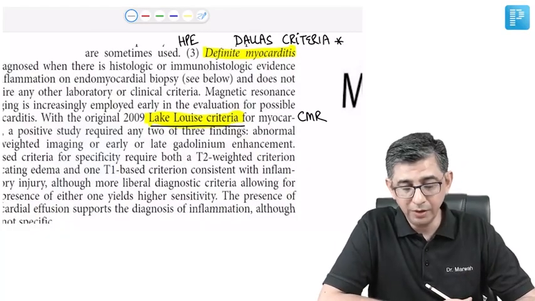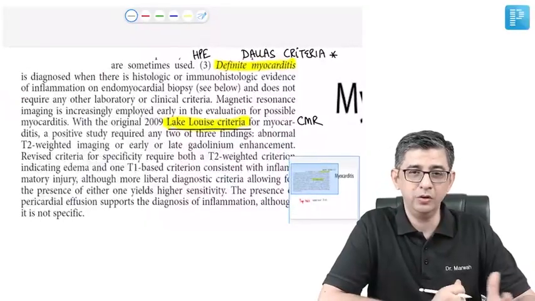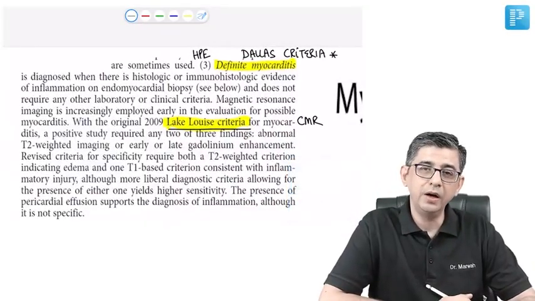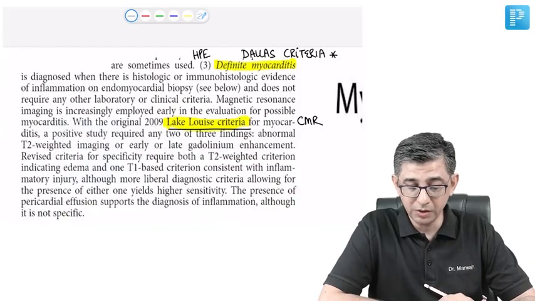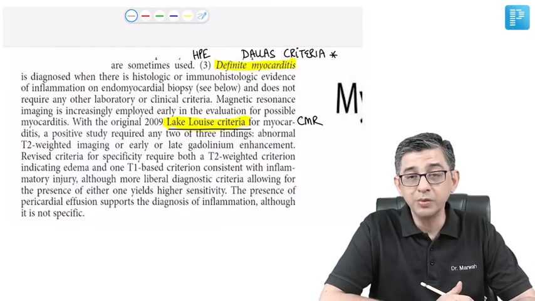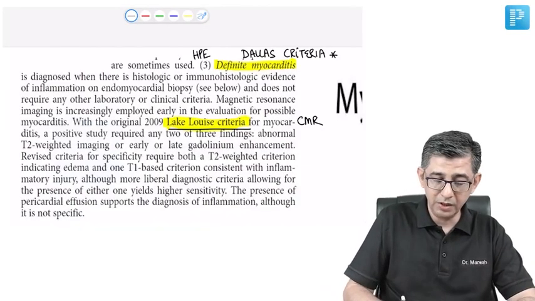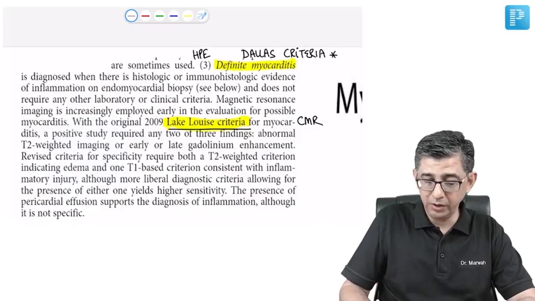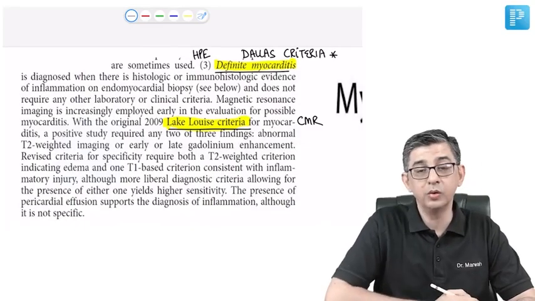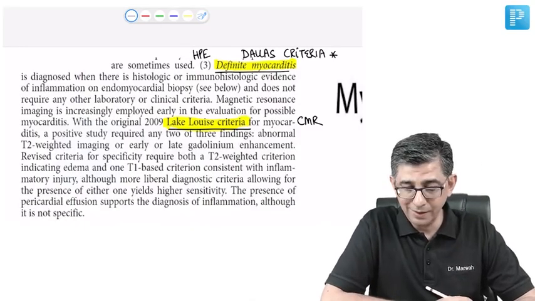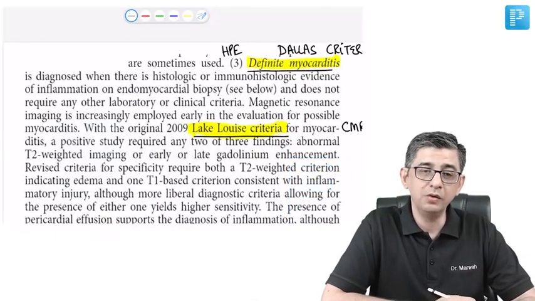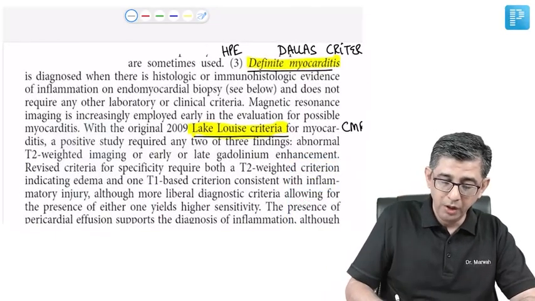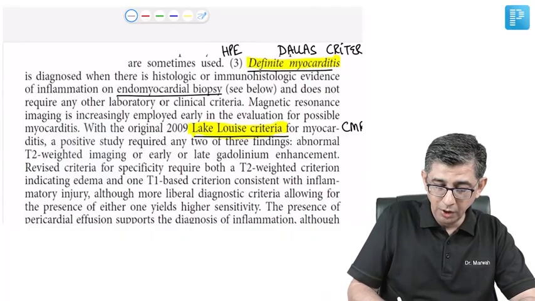Once you get the names right, then the point of contention or controversy is that I would be saying that the best way for diagnosis of myocarditis is endomyocardial biopsy. This is what Harrison says, that definitive myocarditis is diagnosed when there is either a histological or an immunohistological evidence of inflammation on endomyocardial biopsy.